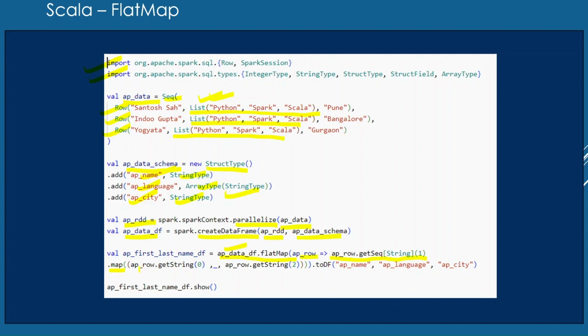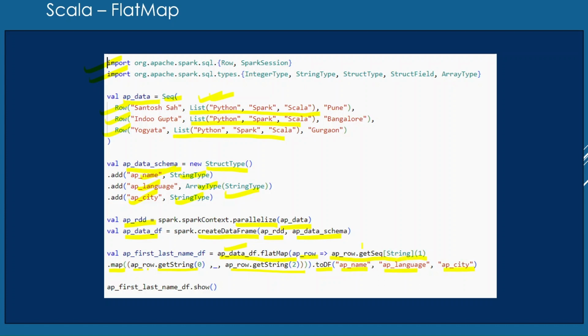The map function will take the array's first element, and the second element, and convert it into a data frame, and the data frame columns are name, language and city.